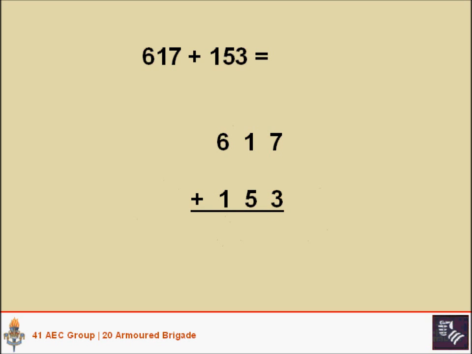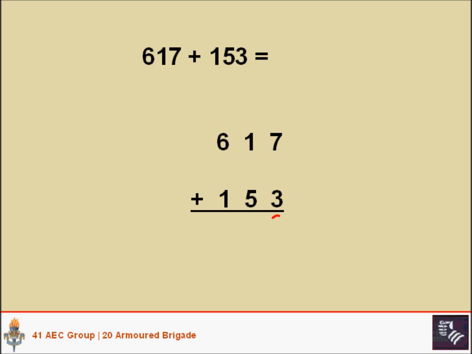For the sum 617 plus 153, we'd write out our sum like this, with 617 above 153. Keeping our numbers in line, we simply add the top figure to the bottom, starting from the right. 7 plus 3 is 10.